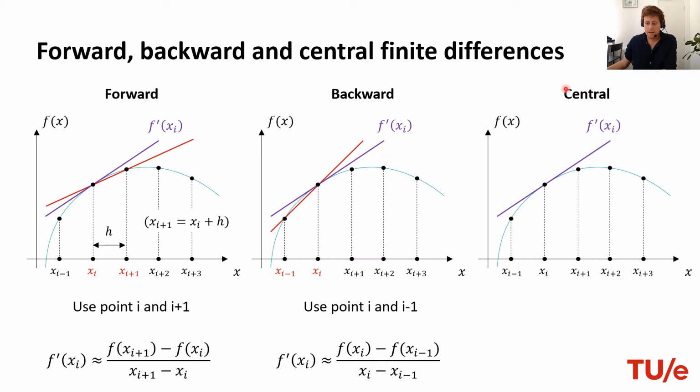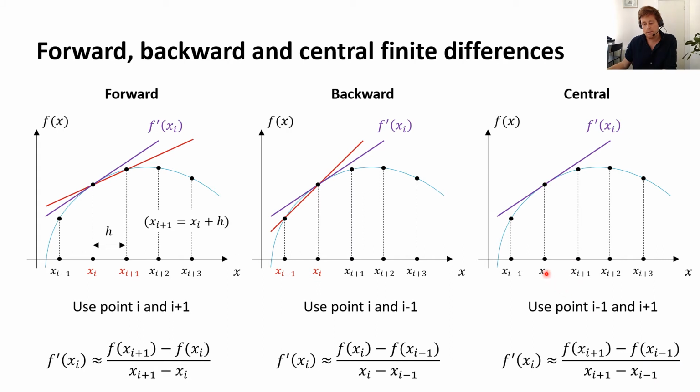And then finally, I'll also want to talk about a central finite difference. In central finite differences, in order to approximate the derivative at x equal to xi, we use points i minus 1 and i plus 1. So xi is now in the center of the points that we use to approximate the derivative.